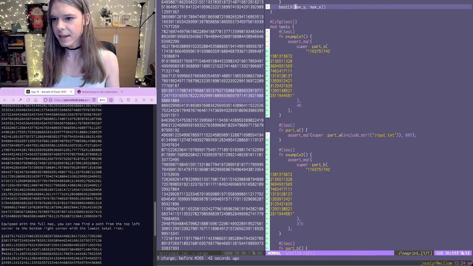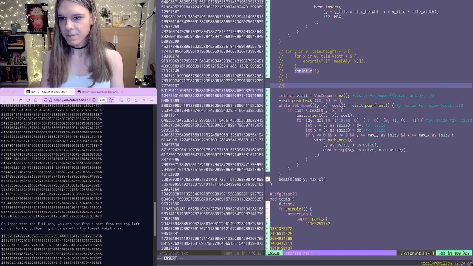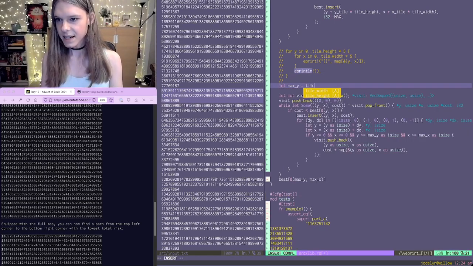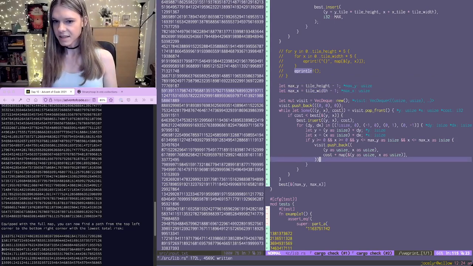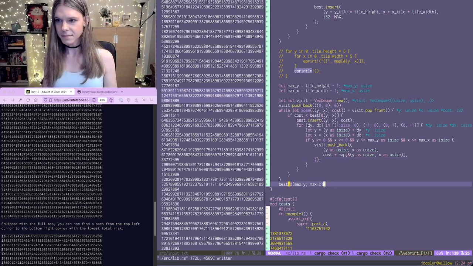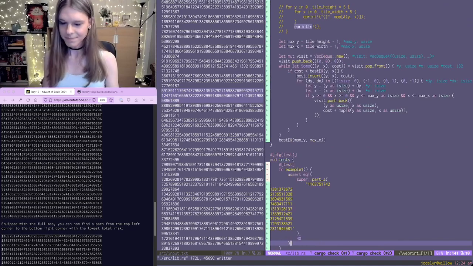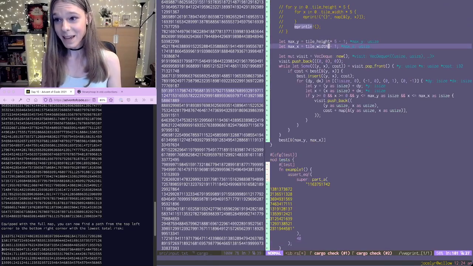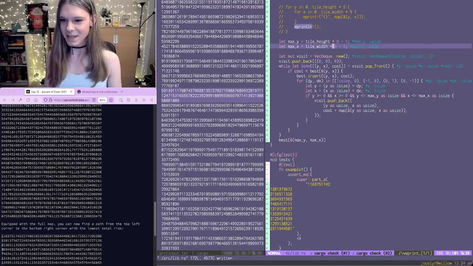I should just fix max y and max x here because we also use them over here. So let max y equal tile height minus 1 and max x equal tile width minus 1. Times 5 minus 1. Oh my goodness. That's really embarrassing.